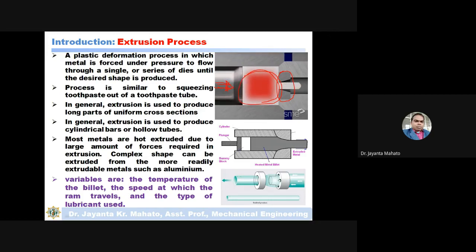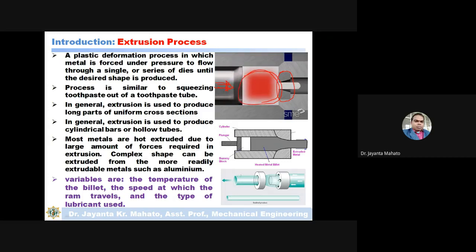So if it is cylindrical, then the extruded part will be cylindrical. This is the plunger. With the help of the plunger, the material is pressed, and this billet material will go out from this die cavity.